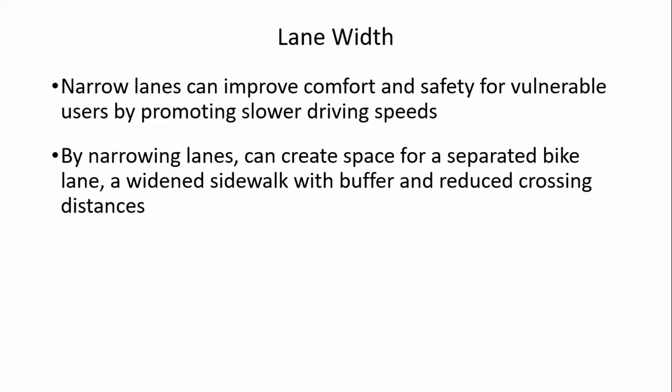As it says here, narrow lanes can improve comfort and safety for vulnerable users by promoting slower vehicular speeds. And also, by narrowing lanes, we can create space for maybe a separated bike lane, a widened sidewalk with a buffer, reduce crossing distances, and those sorts of things.